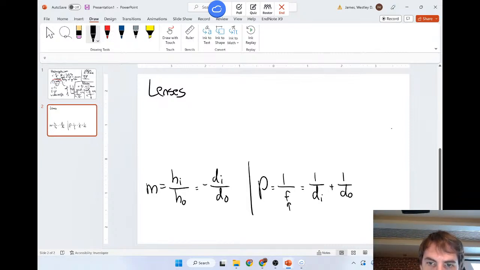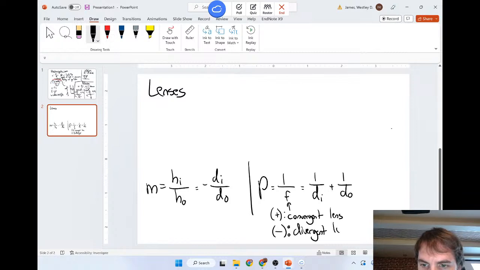And we'll put a little rule here: F is positive for a convergent lens, negative for a divergent lens. Look at that. That's it as far as equations are concerned for this week. I'm just going to draw some quick pictures of lenses up here. So a convergent lens.